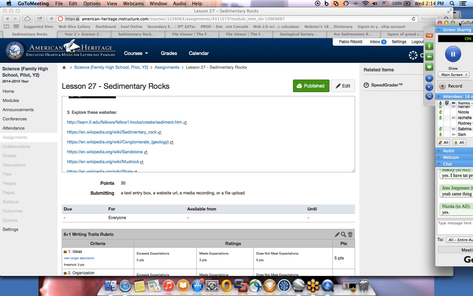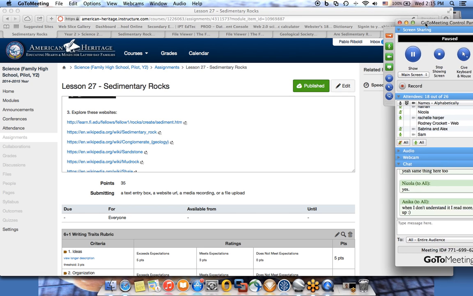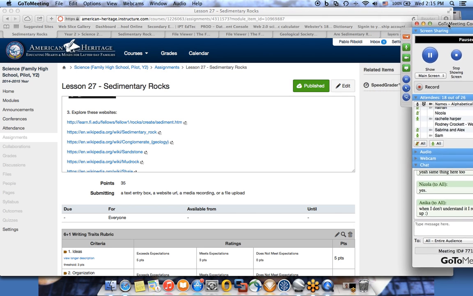So let me tell you how to read these articles. Okay. So I think that this is an important issue. And it's actually a good thing, really. Annika says, when I don't understand it, I read more or look it up. That is the right strategy.